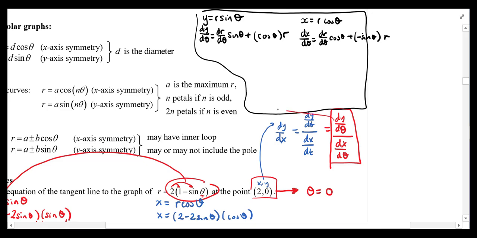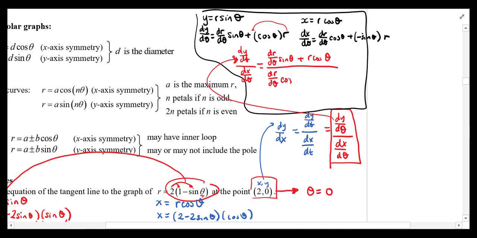So once again, I'm going to say dy d theta all over dx d theta is given by this formula. I'm going to copy this down: dr d theta sine theta plus, I'm going to move the r in front, r cos theta, all over dr d theta cos theta minus r sine theta.